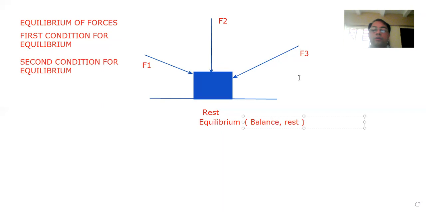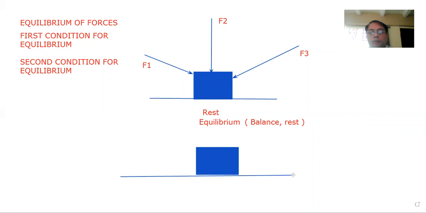Now, however, we could also consider a body that's not at rest but sliding. In another situation, the body could be in motion. Let's say this is moving to the right, so it has velocity.